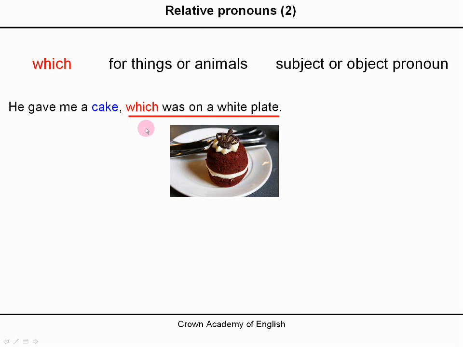So this is the non-defining relative clause here. And we have the comma here. And we have the word which acting as a subject pronoun, because it's giving us more information about the subject. Okay?